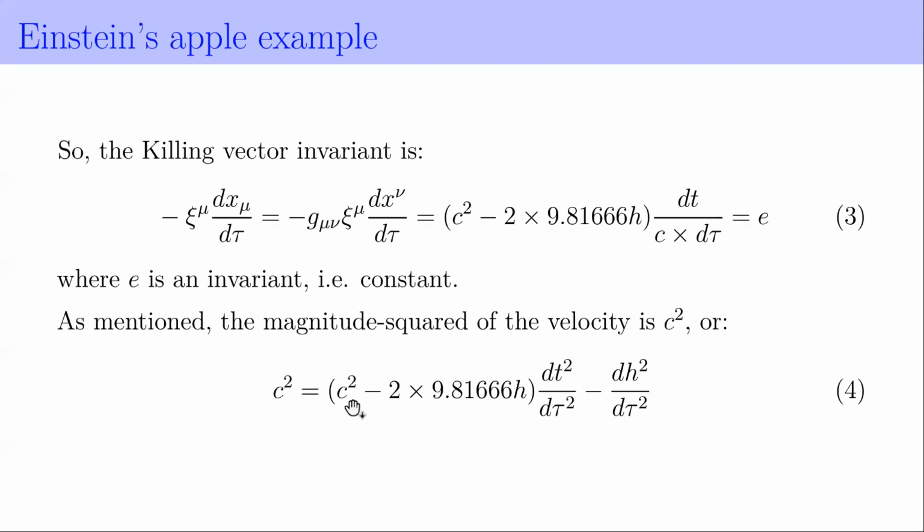So we have c squared minus 2 times 9.8 h, times dt d tau squared, minus dh d tau squared. These are the two equations we're going to use to solve Einstein's apple problem.